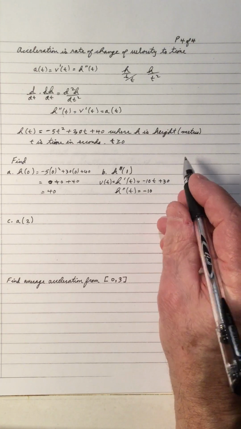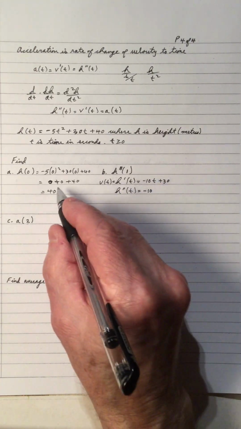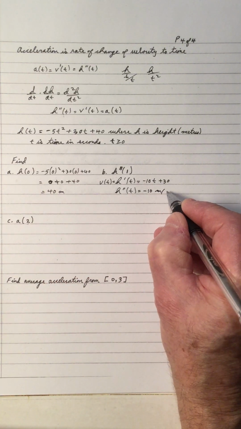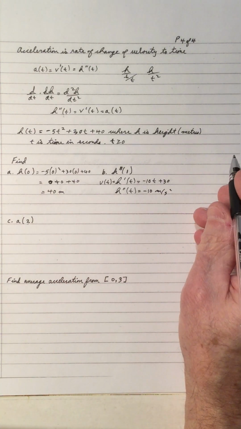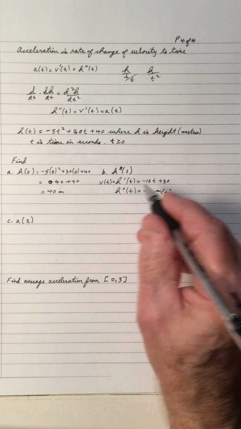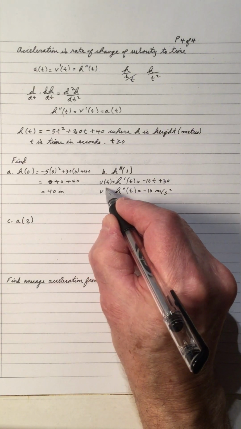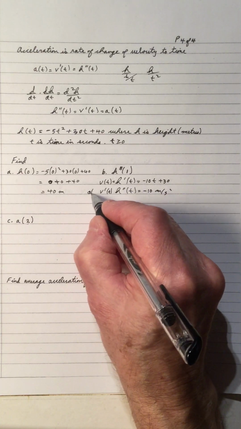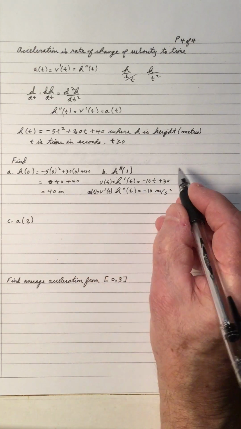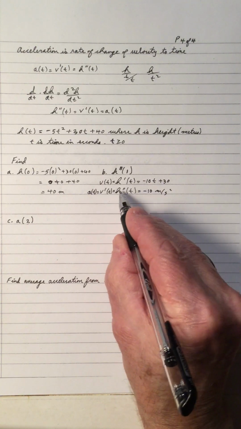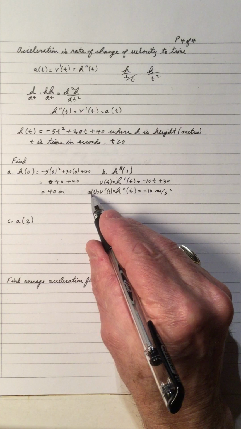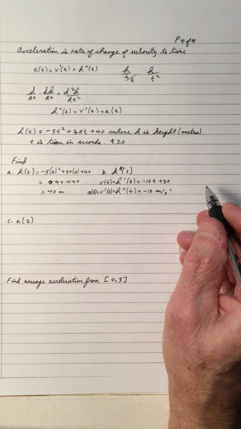The derivative of 30 is 0. So the height is in meters, this is meters per second, and this is meters per second squared. That's the velocity, and that's the acceleration. The double derivative is the derivative of the velocity, and we have acceleration.